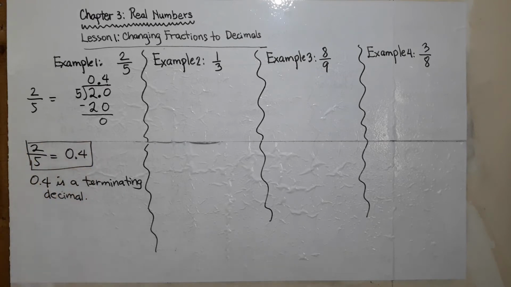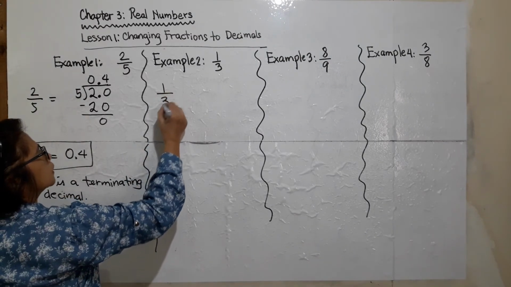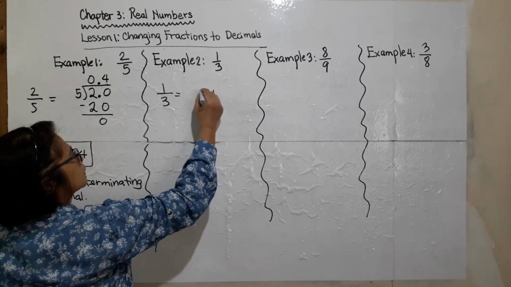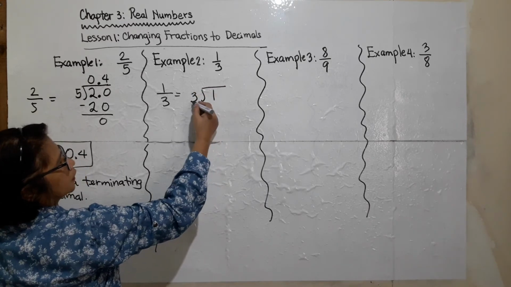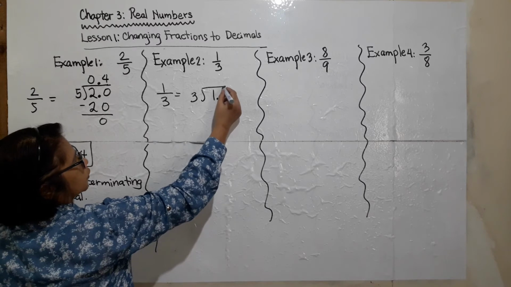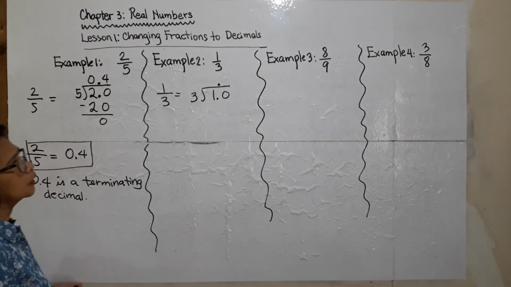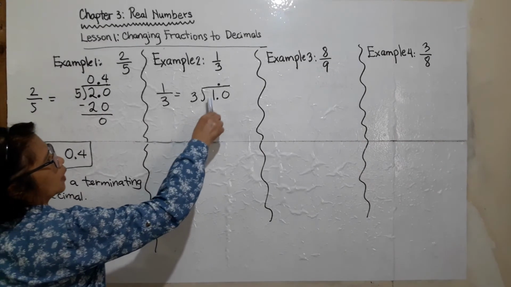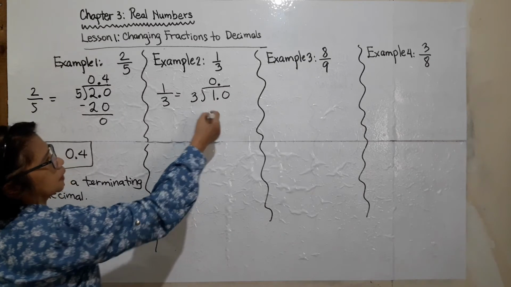What about example number 2, 1/3? So we have 1/3 means 1 divided by 3. Since 1 is smaller than 3, we have to put a point and 0 and a point in the quotient. We could not get 3 from 1, so you put 0. 0 times 3 is 0.